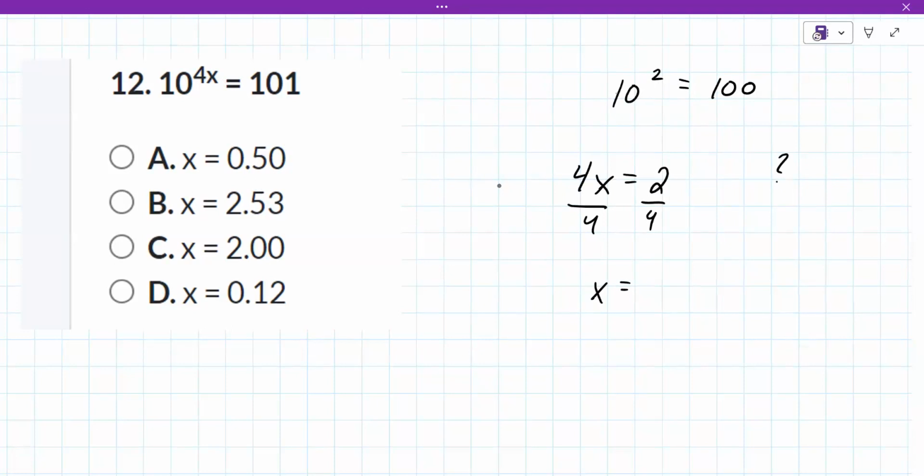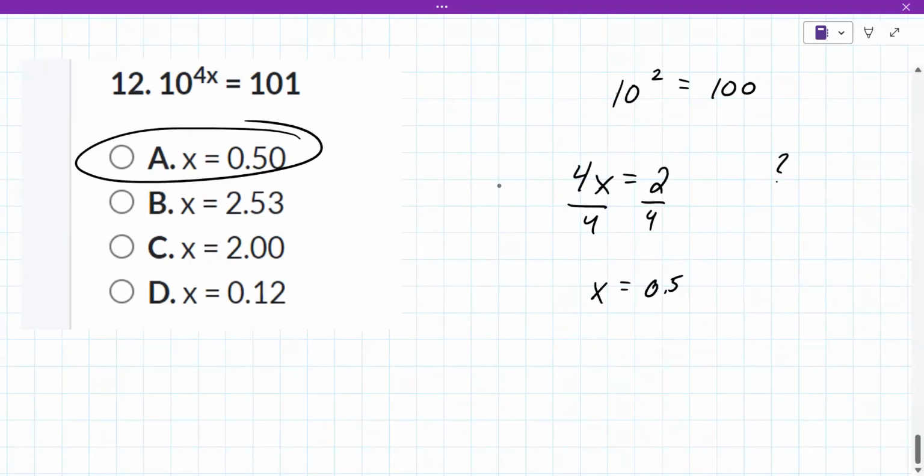It's going to be 0.5. And so the answer is A. We can use that approach on some, not all problems, the ones that kind of work. If this were like 125, that wouldn't work, but because it was so close to a nice number, you can do it that way.